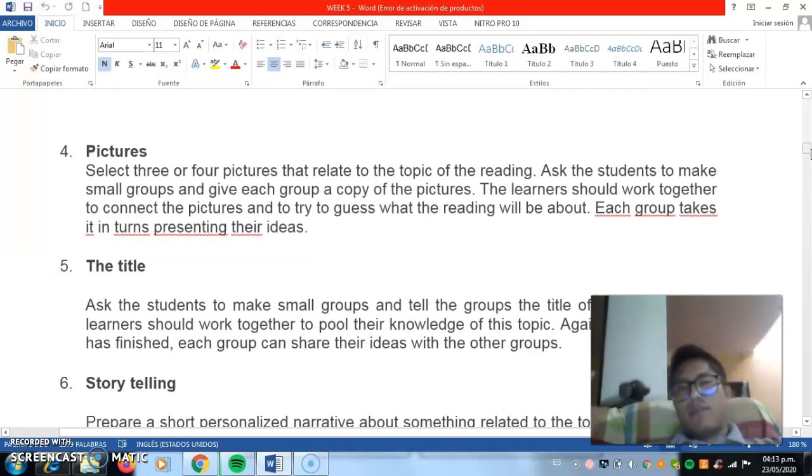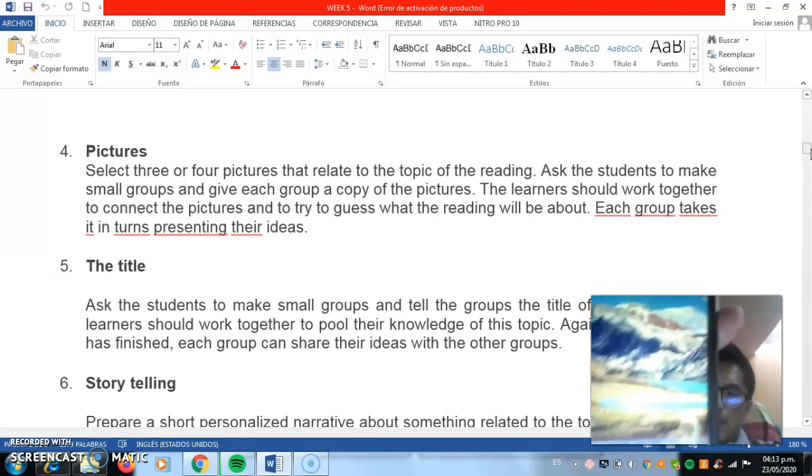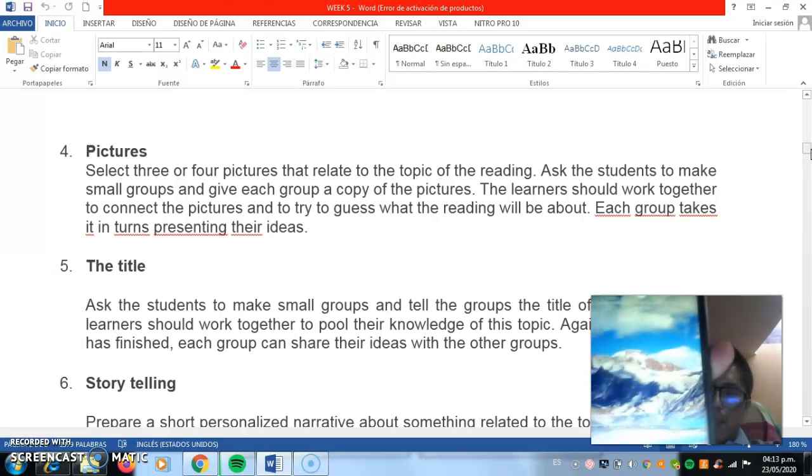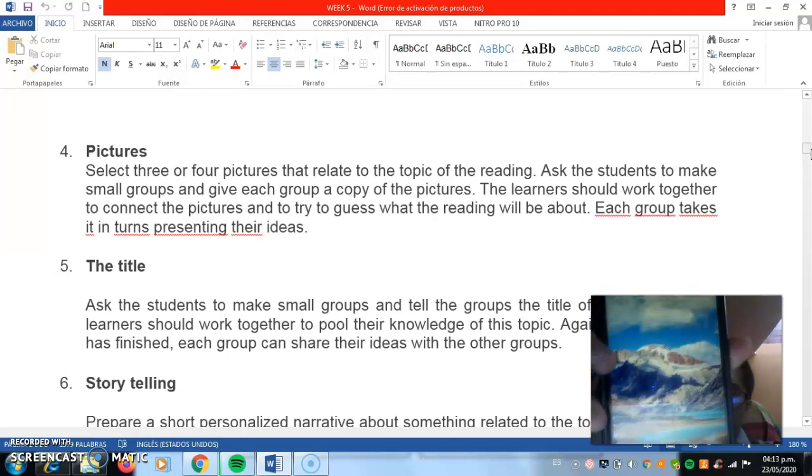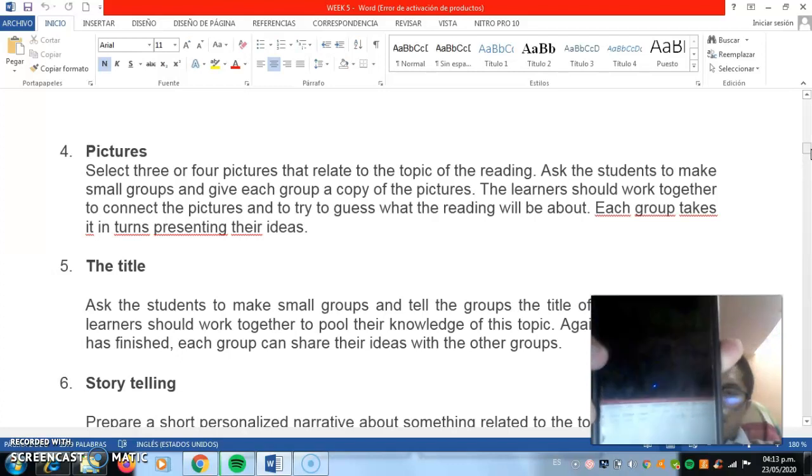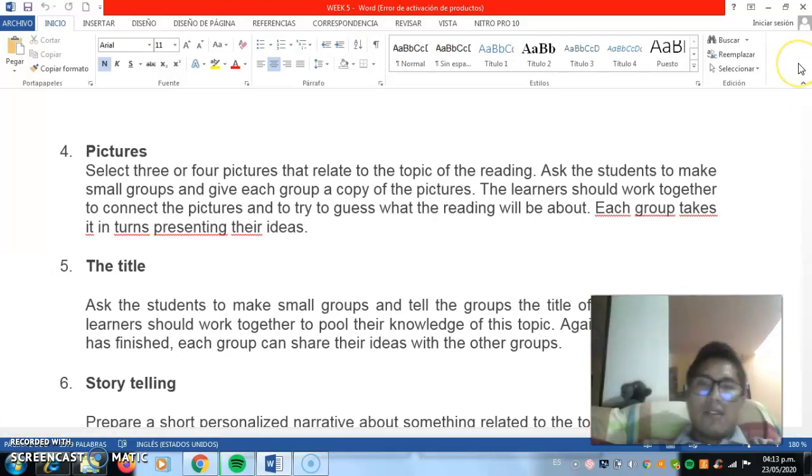Pictures. Yes, this is very common and easy to apply. Most of the time we show a picture, for example, here, I don't know if you can see it very well. It's a landscape. So what do you think about this? What's your opinion about it? Teacher, last month I visited my grandparents.